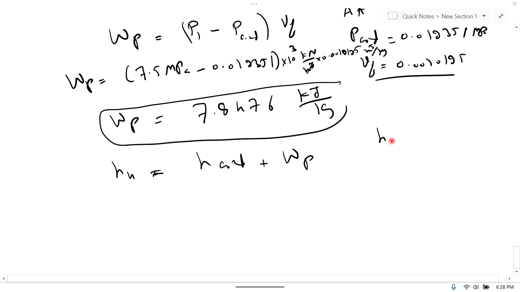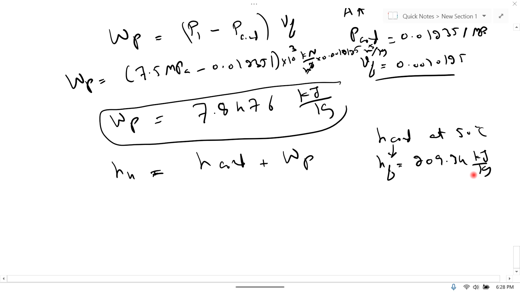So enthalpy of condenser at 50 degrees centigrade is HF, on the saturated liquid line. Enthalpy of condenser is equal to HF, and from steam table this is equal to 209.34 kilojoule per kg.